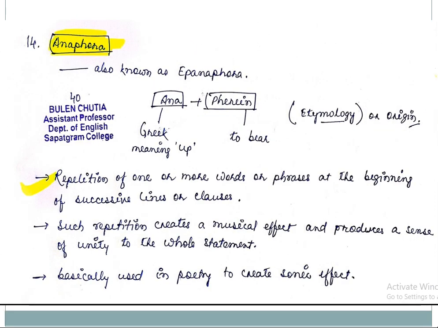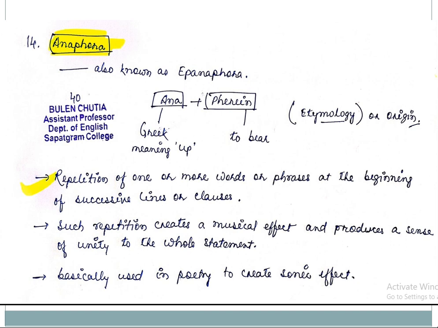Next one, anaphora. What is anaphora? First of all, I have given the etymology of anaphora. Etymology means the origin of the word. Ana plus pherein. Ana comes from the Greek word meaning up, and pherein means to bear.